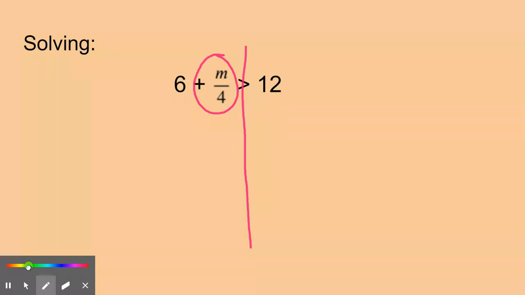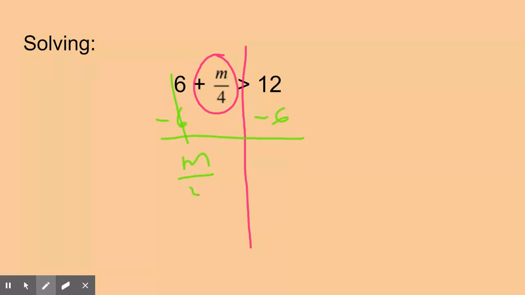The 6 is not circled, and it's a positive, so the opposite is to subtract. That cancels, so I have m over 4 left over. 12 minus 6 gives me 6. Now I see division, so the opposite is to multiply, so I'm going to multiply both sides by 4. And I would have m is greater than 24.